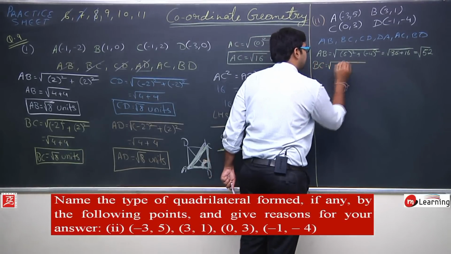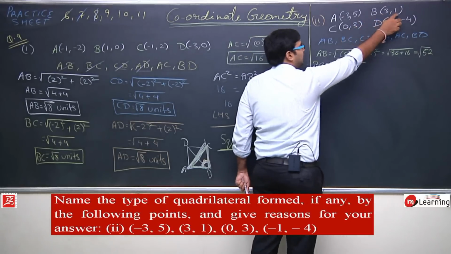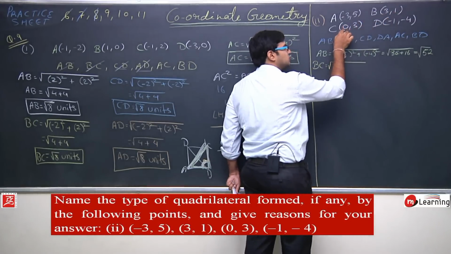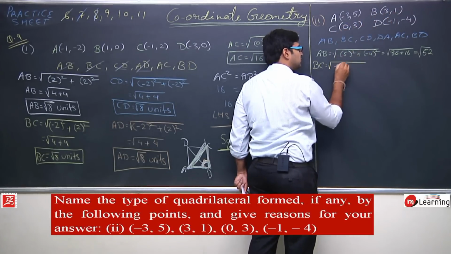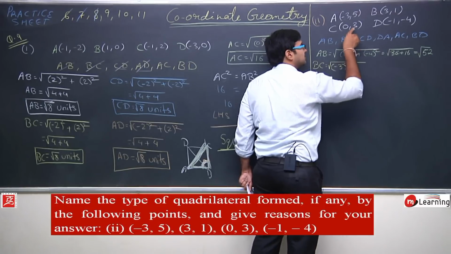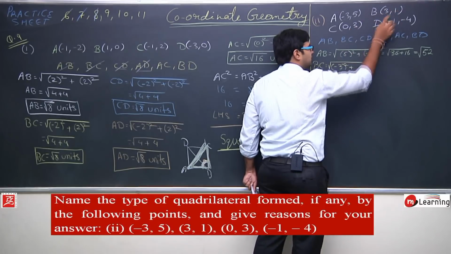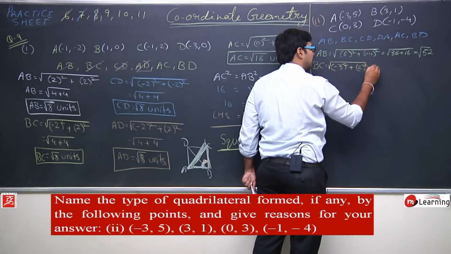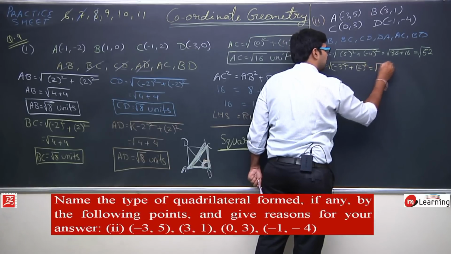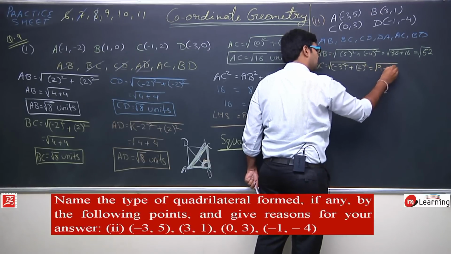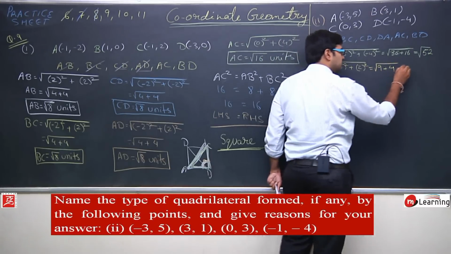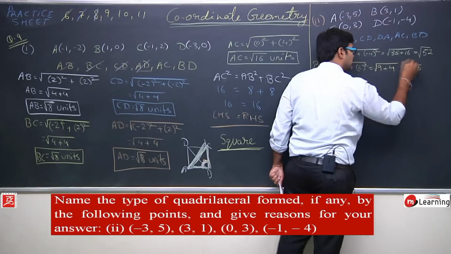This is x1 y1, this is x2 y2. So x2 minus x1 will give you minus 3 square, plus 3 minus 1, y2 minus y1, will give you 2 square. So this will give you square root of 9 plus 4, which is equals to root of 13.